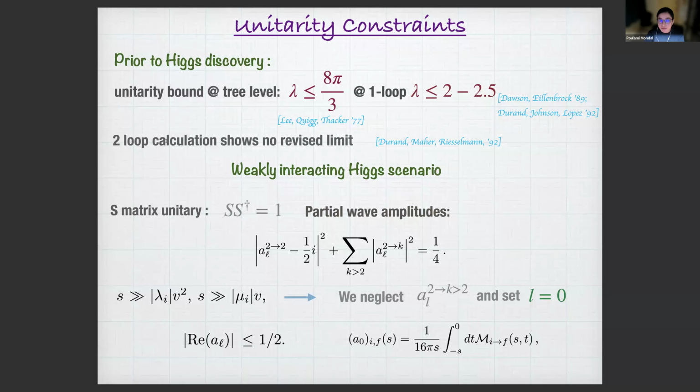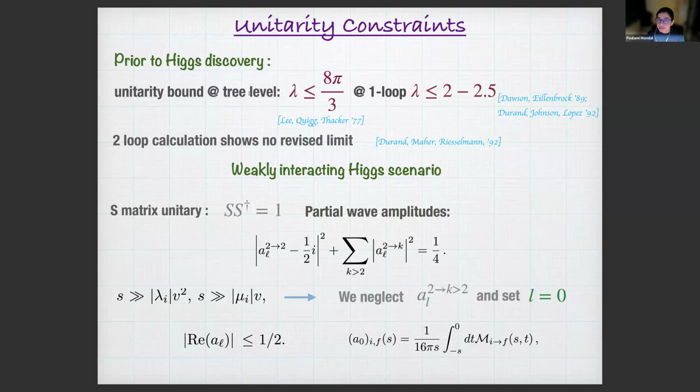And when they did the two-loop calculation, it shows no significant difference compared with the one-loop calculation, as long as you are in a weakly interacting scenario. Because you are in the perturbative region, your two-loop calculation cannot give much correction to the one-loop one.